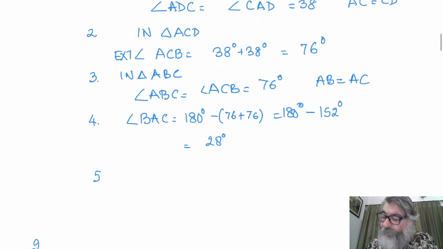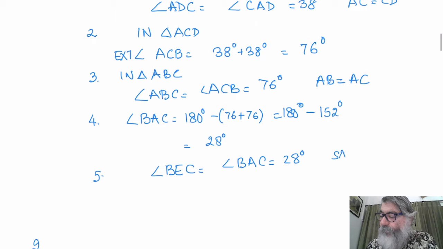Angle BEC will be equal to angle BAC, equal to 28, same segment. I told you that two triangles will be formed, which will have the same base, and their vertices will be lying on the circumference of the circle.